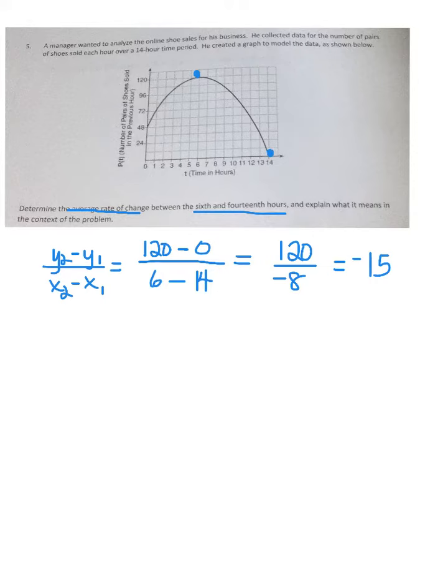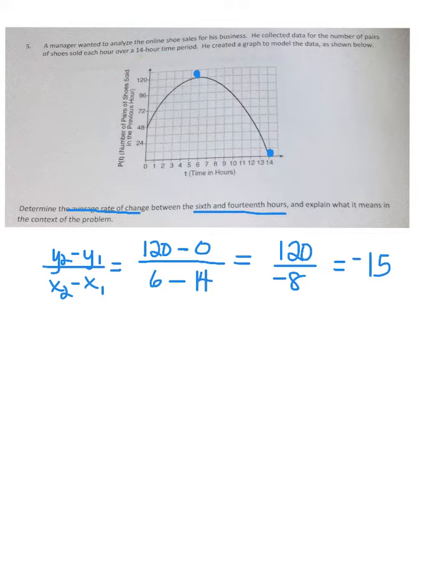That's the bigger issue, because if you look at the question, it says explain what this means in context of the problem. So the manager is analyzing shoe sales, and he collects data for the number of pairs of shoes sold each hour over a 14-hour time period.